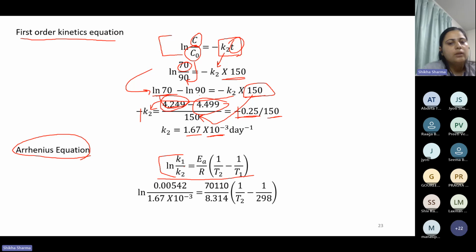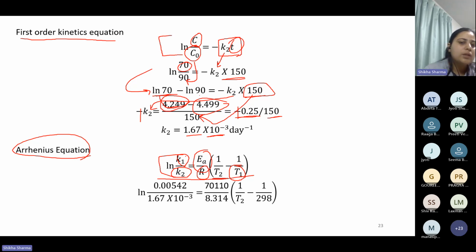So ln of the rate constant at the first temperature by the rate constant at the second temperature equals EA, the activation energy, over R, the universal gas constant, into 1 upon T2, the temperature in Kelvin at T2, which is not given to us, minus 1 upon T1, the initial temperature in Kelvin.